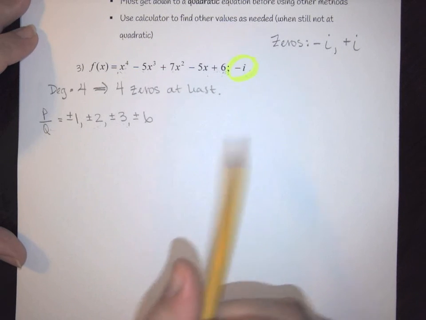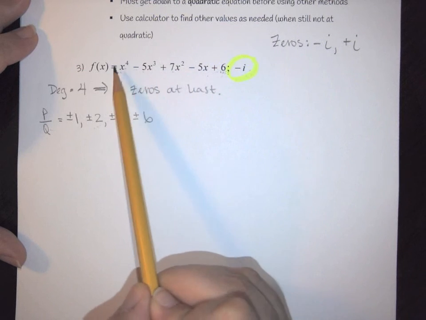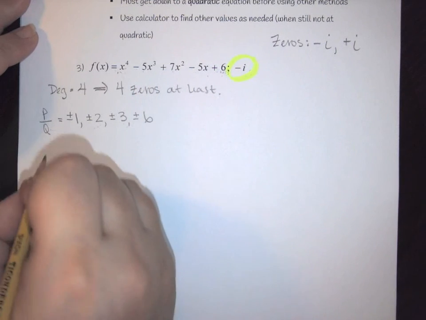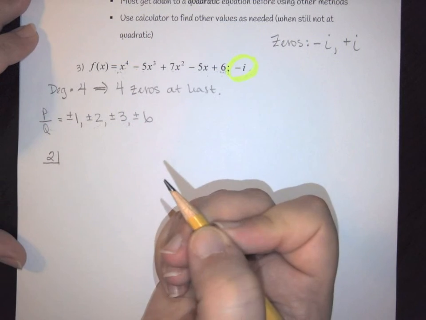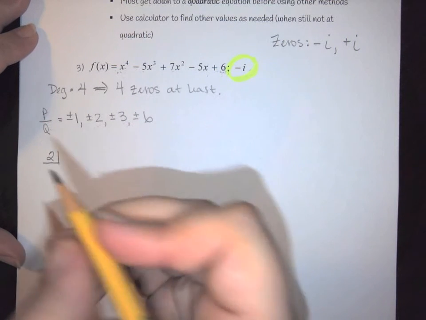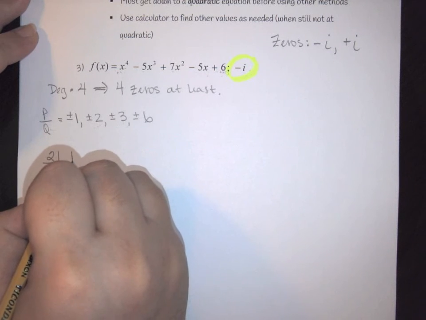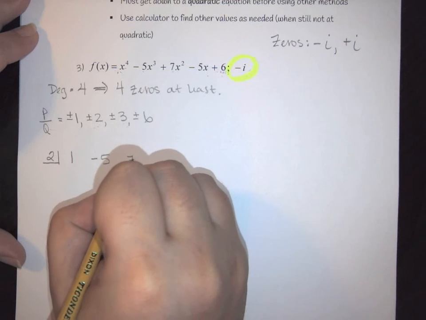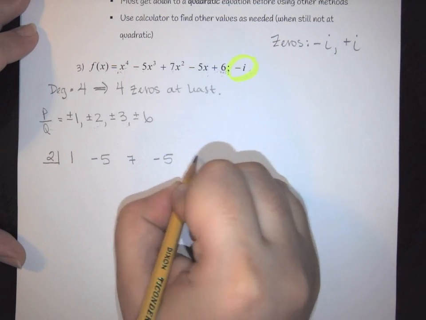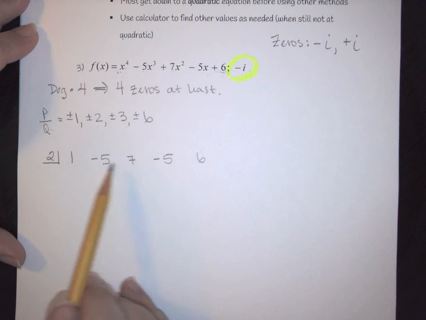The other thing I'm going to look at is that my last term is positive and my signs go every other, so I'm going to assume that a positive 2 might be what I need. So I'm going to use synthetic division, so pull the coefficients of your terms: 1, negative 5, 7, negative 5, and 6.